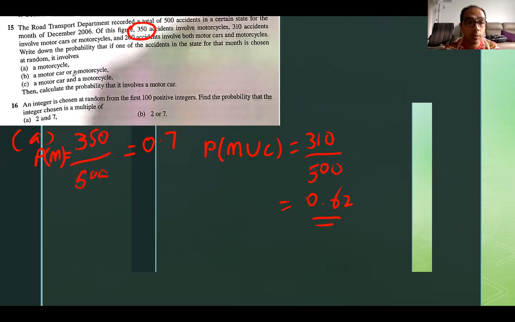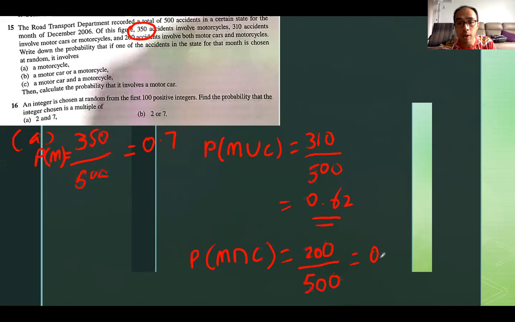And then the third one is motorcycle and car. How many are there? 200 involve both motor cars and motorcycles. So it's 200 out of 500, which is 0.4.